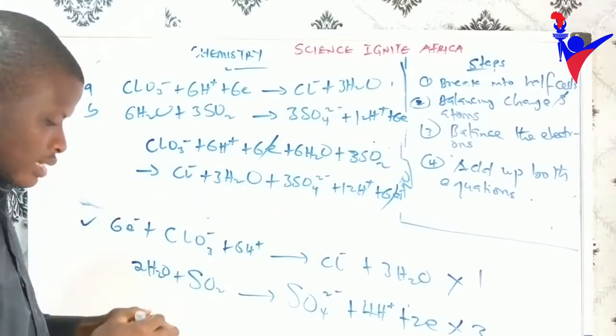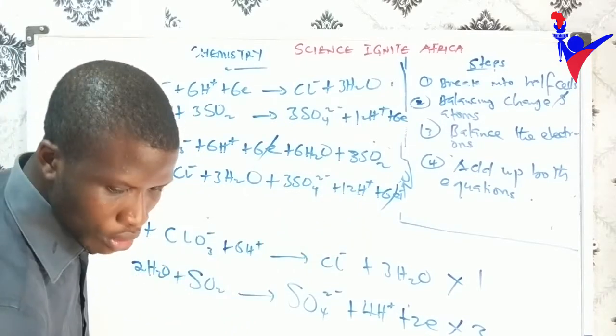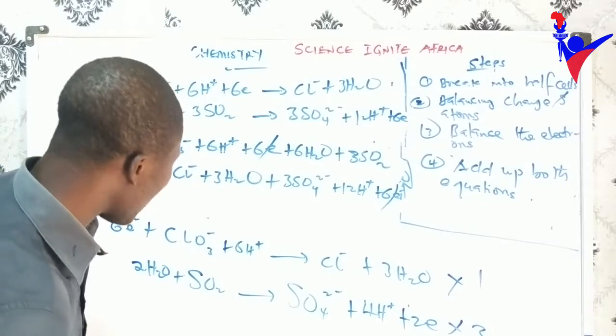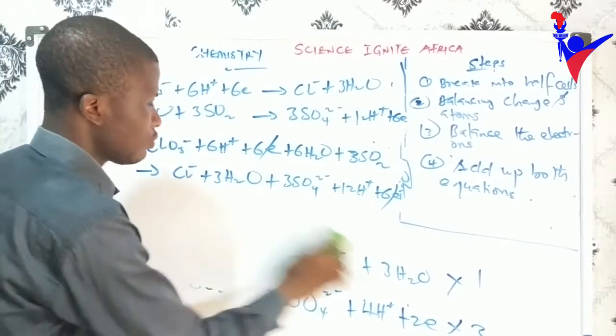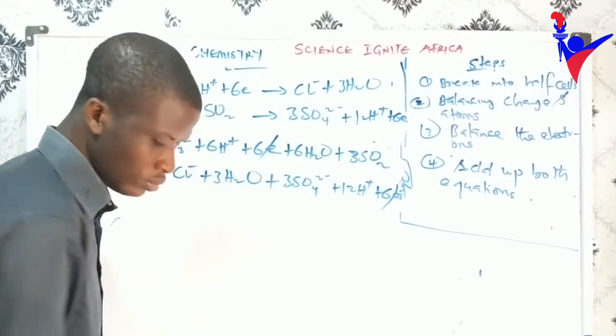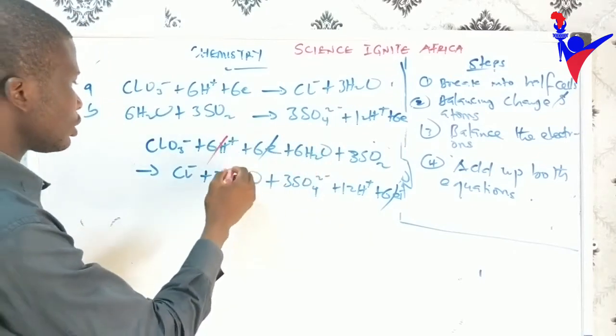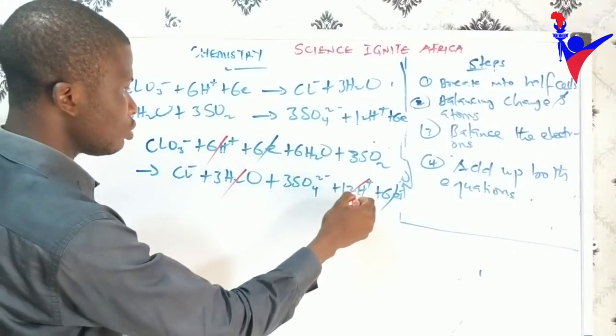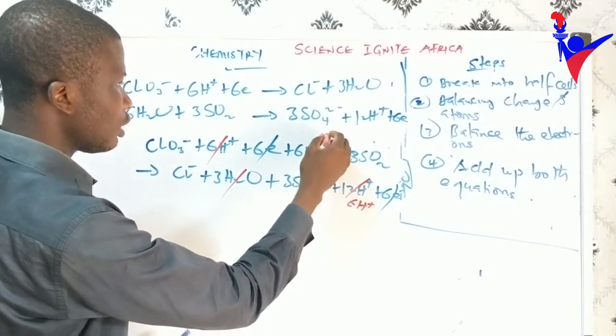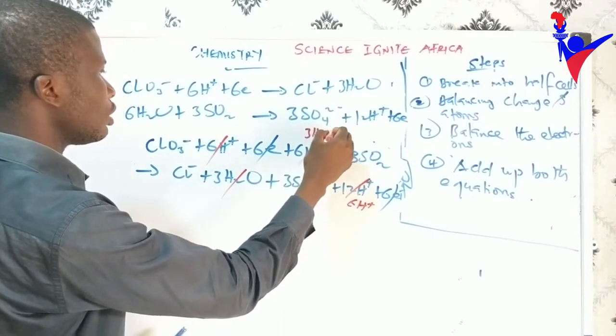So the balanced equation of reaction we are required to provide will therefore be, after we remove this, you're having 6H plus left and 3H2O left.